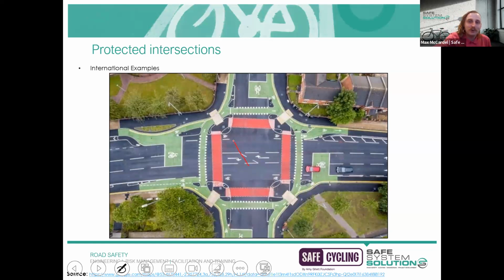We can see we've got corner refuge islands at each of the quadrants. So those have been installed, very consistent. We've got the green. I've got some very confused looking faces going on. We've got the green bicycle lanes going on. We've got the red. Those are pedestrian facilities. Don't worry if your jurisdiction doesn't do that. That's completely fine.